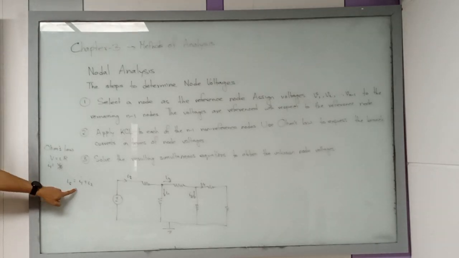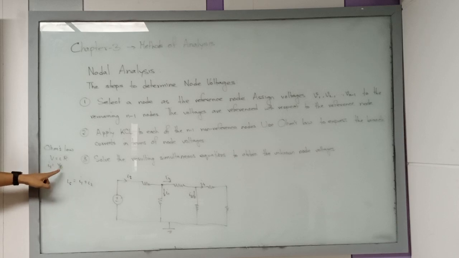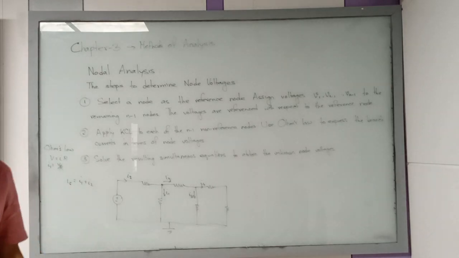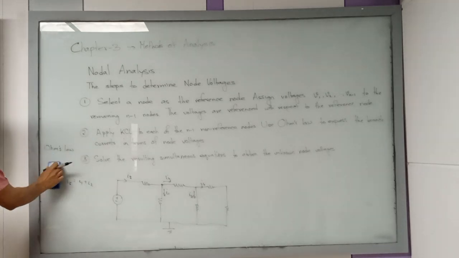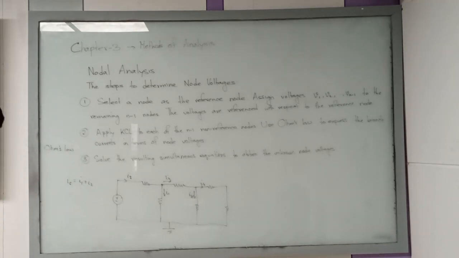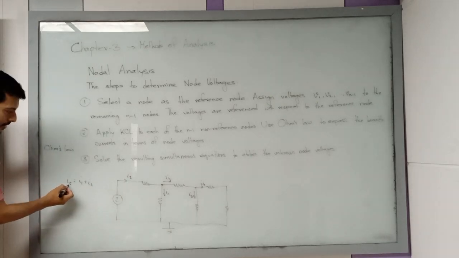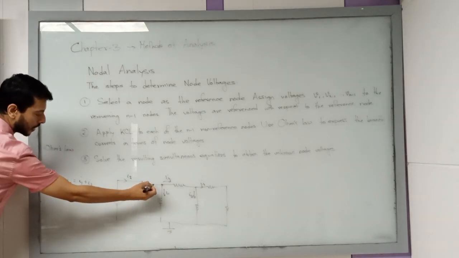But in this equation, we have to just replace this I1 in terms of voltage and resistance. Okay? So let us do that. If I do it over here, IS. IS is this current, right?